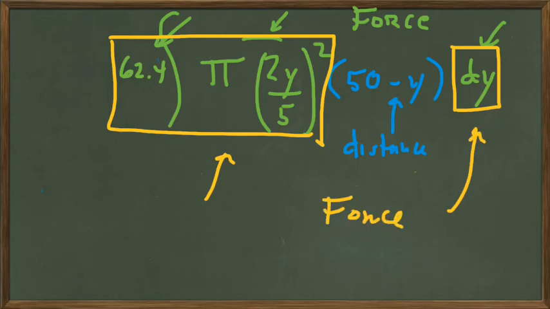And it's force times distance if the force is a constant. If that slice is very, very thin, which is the case because we have a dy, then it is a constant. And then the distance that we're multiplying it by is right here, 50 minus y. Let's mark it here. Okay, so we have everything we need in the integral. The force times the distance.